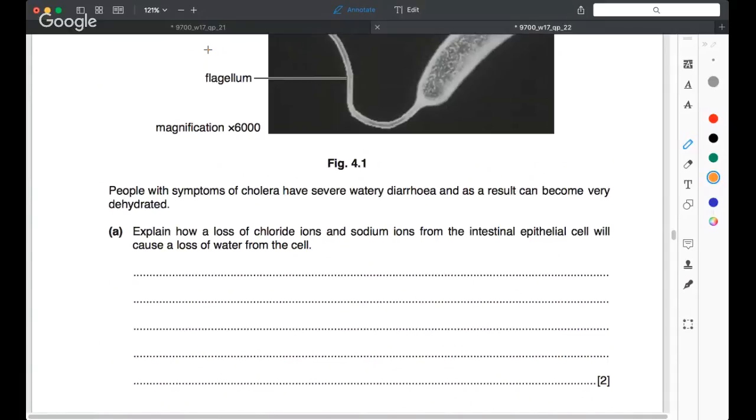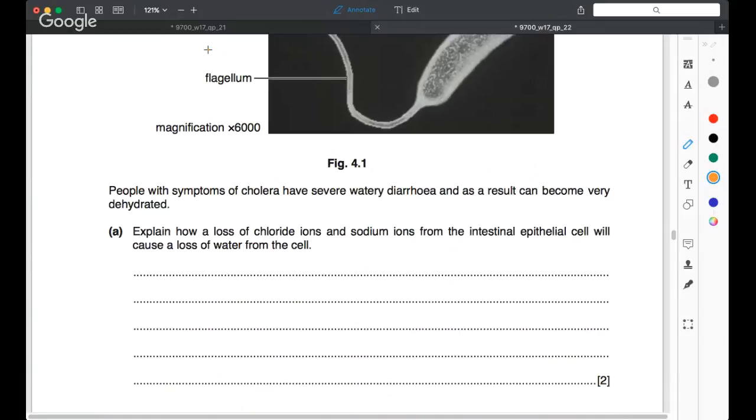So a loss of chloride ions and sodium ions will cause the solute potential of the environment to increase, thus decreasing the water potential of the environment. And which environment?